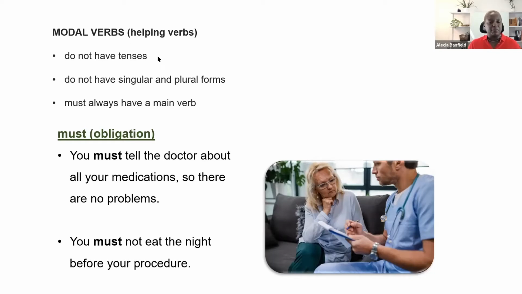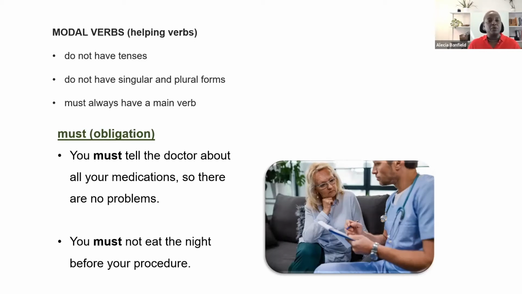And we said back in quick tutorial 18 that modal verbs are not like normal verbs in English because, for example, they do not have past tense forms like I eat, I ate. That does not happen with modal verbs. They always stay the same. They also do not have singular and plural forms.